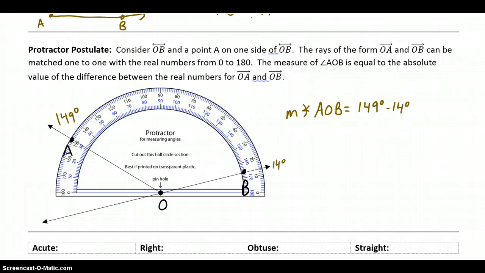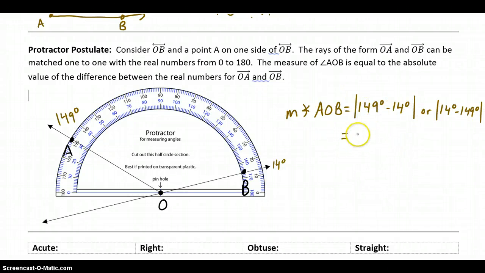Now the measure of AOB from here to here should be the same as from here to here. So I should be able to also take 14 minus 149. But that will give me a negative number, so I need to make sure that I take the absolute value. Just like measuring with the ruler postulate, I want to take the absolute value so my measurement is always positive.